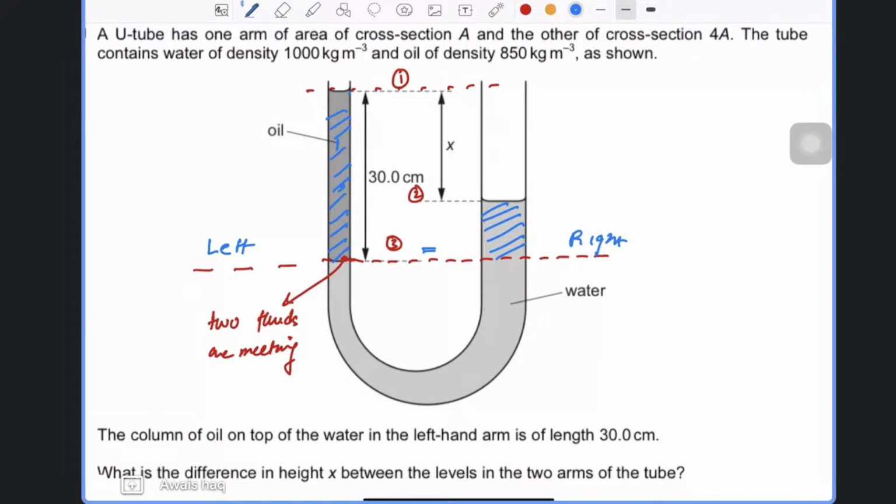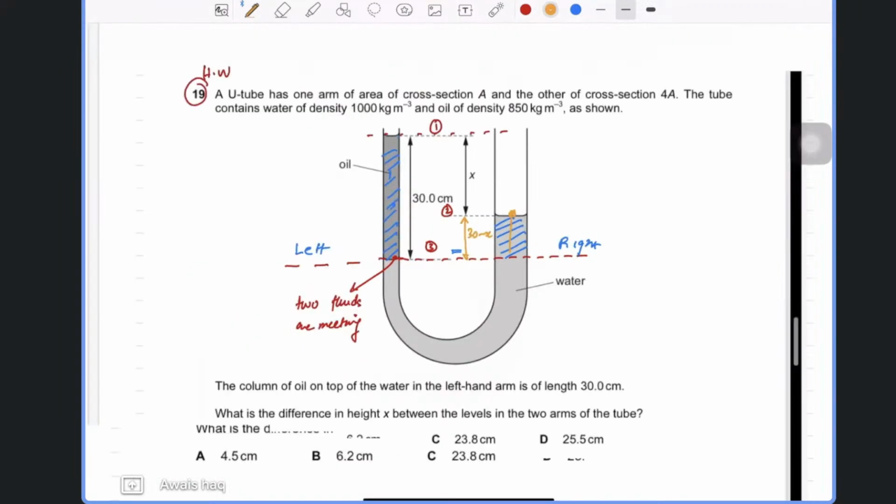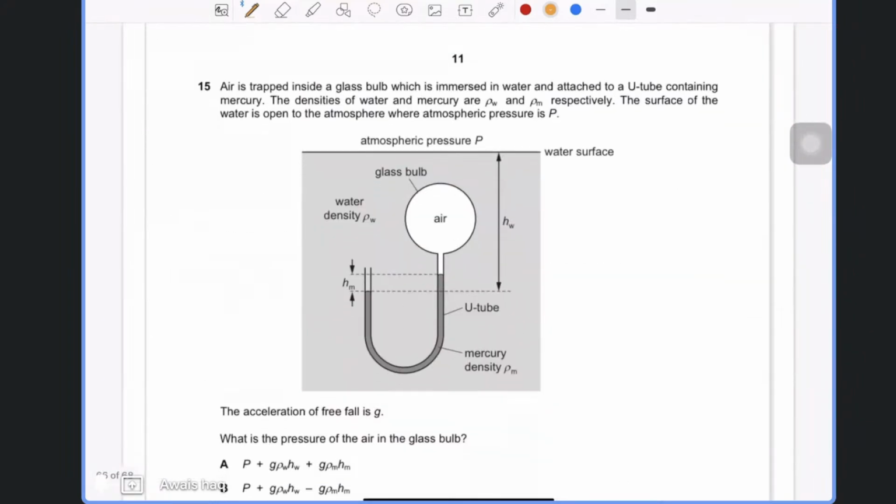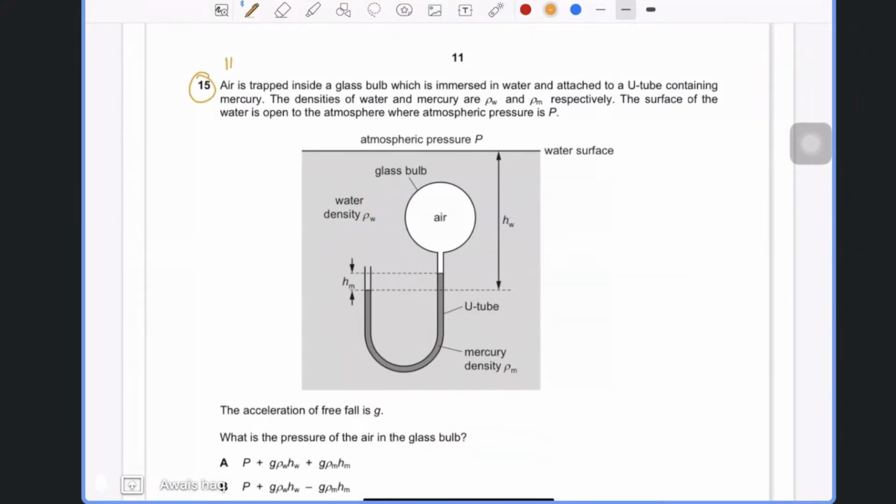Can anybody please tell me that? 30 minus x. Exactly. So you're going to take it from this point to this point, which is 30 minus x. Now your heads are working. Congratulations. And now you can obviously solve it on your own. That's why this is your homework. And then the same thing you have to do.